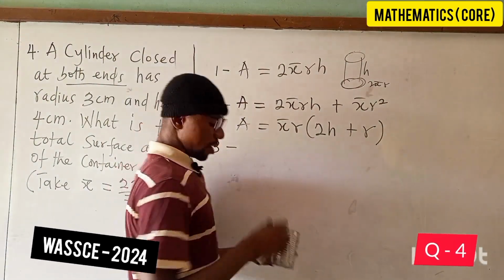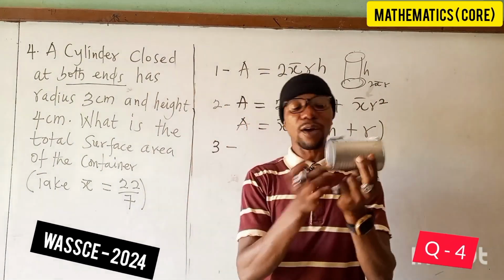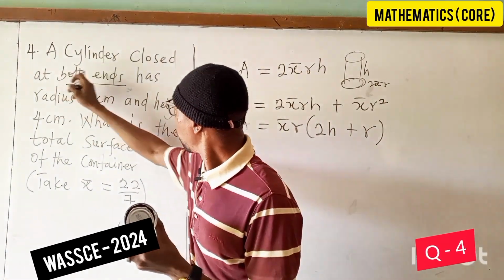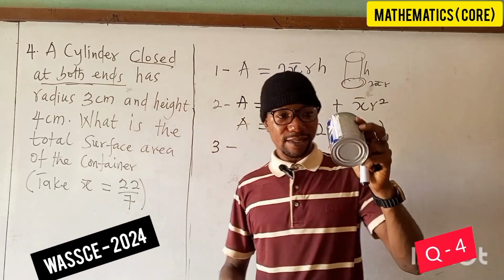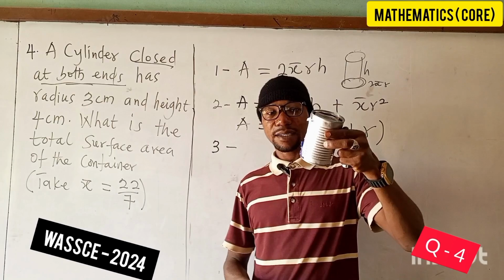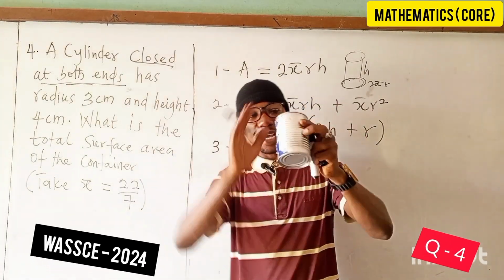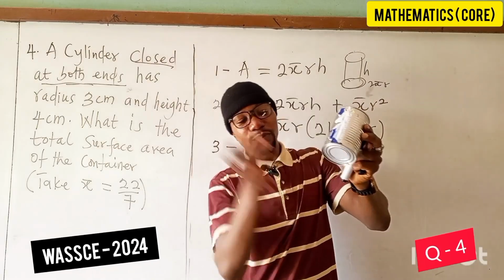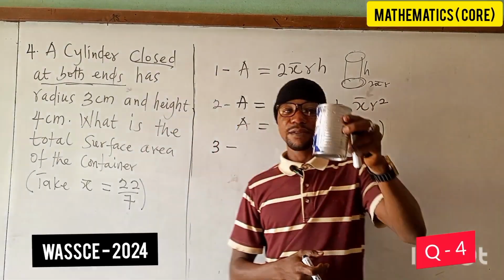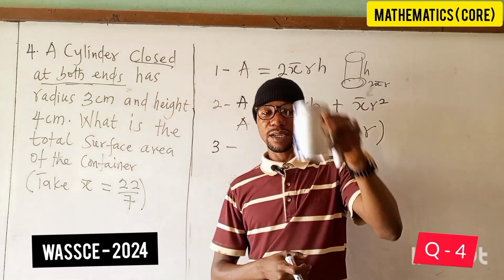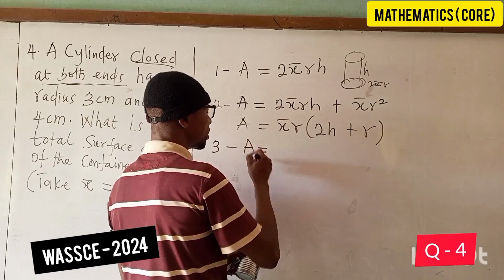The third one is this cylinder whose both ends are closed, as stated in the question. Both ends closed, so this side closed and the other side too. So area of a circle plus another area of a circle plus the curved surface area of a cylinder gives us the total surface area of a cylinder closed at both ends.